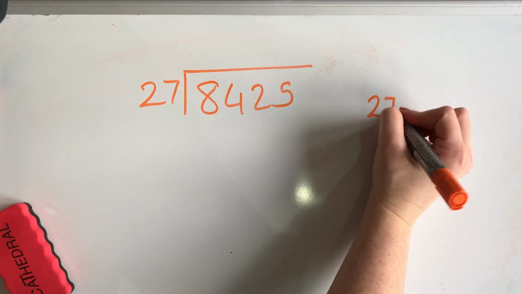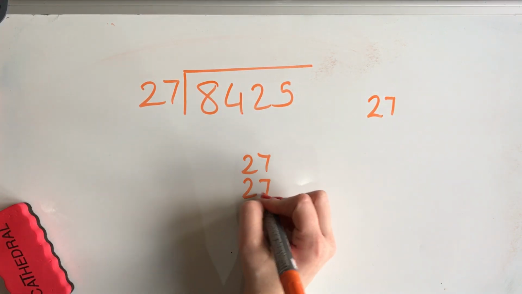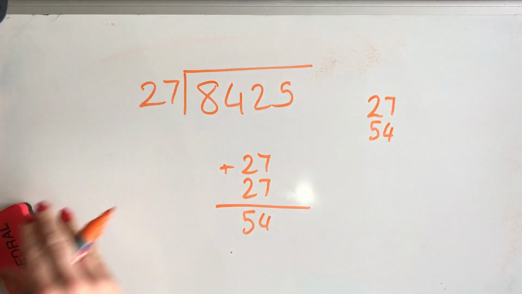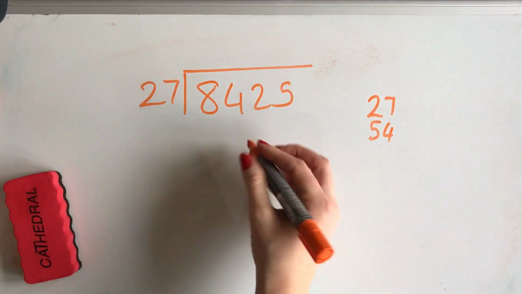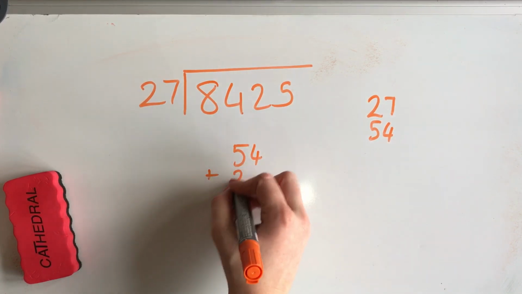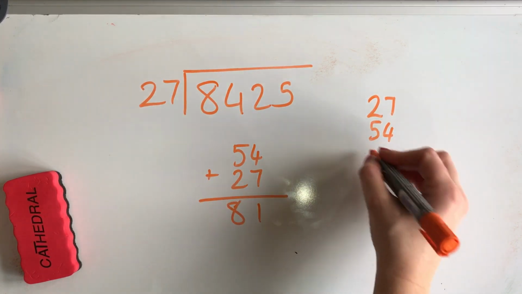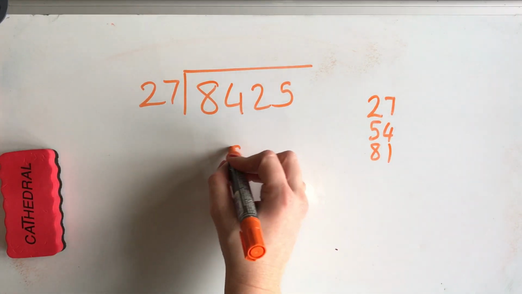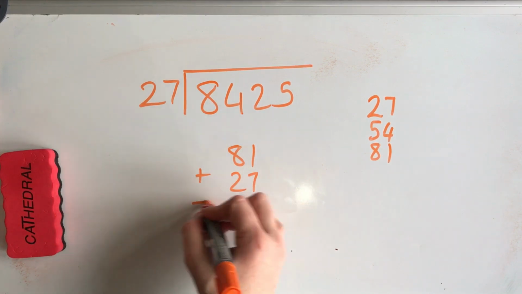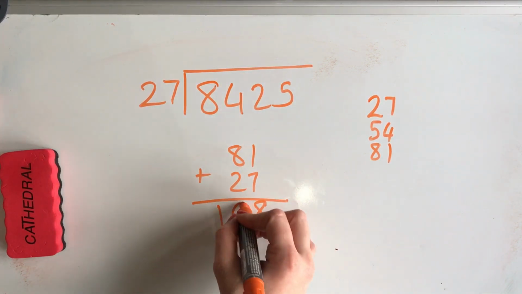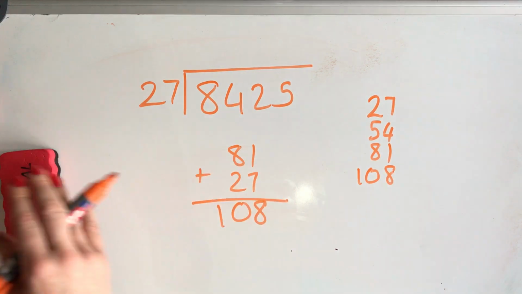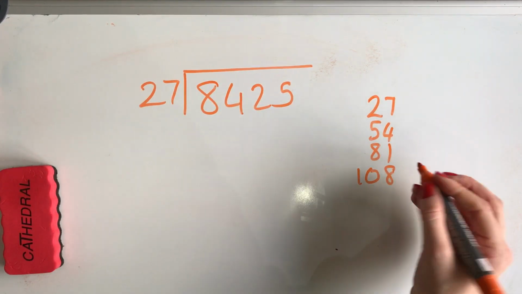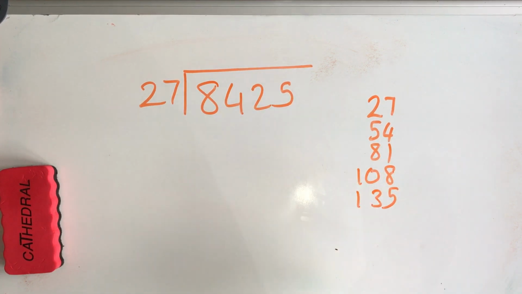So again, I'm going to go 27, 27 plus 27 is going to give me 54. 54 plus 27 is going to give me 81. 81 plus 27 is going to give me 108. And then let's do one more. I always go up to 5 times just because I find that a little bit easier. So that's going to be 135.